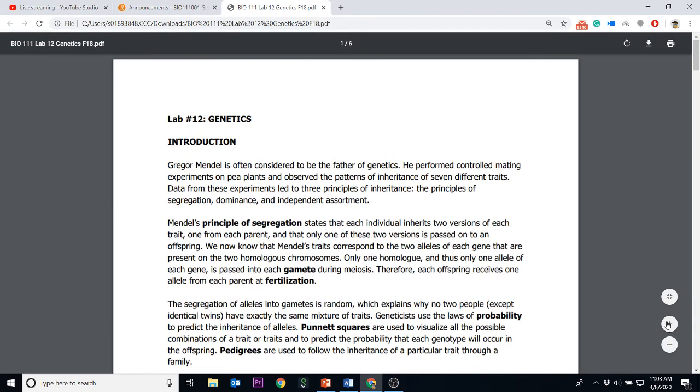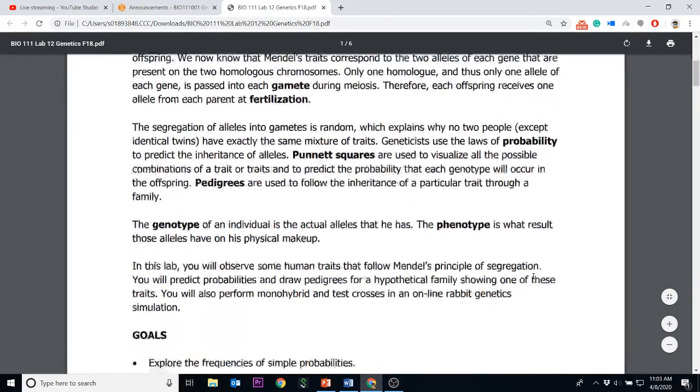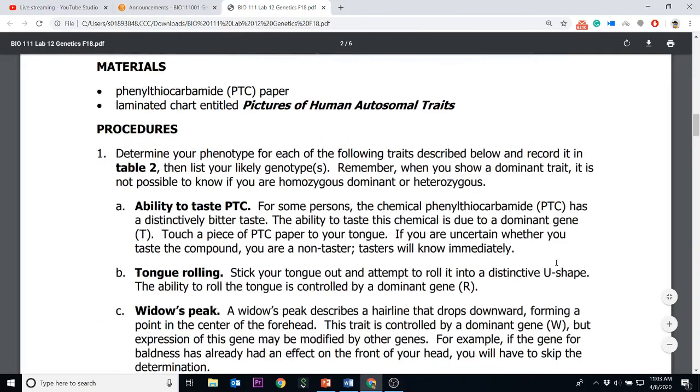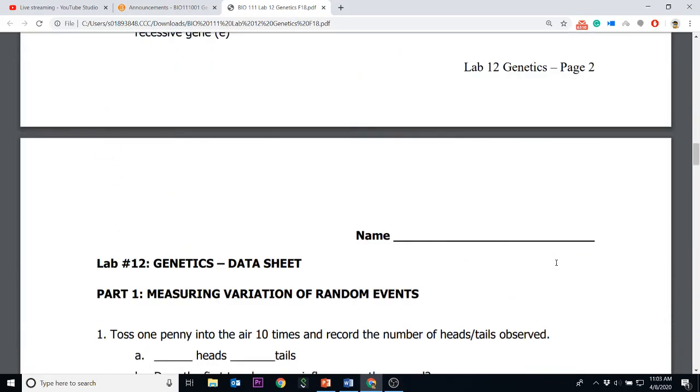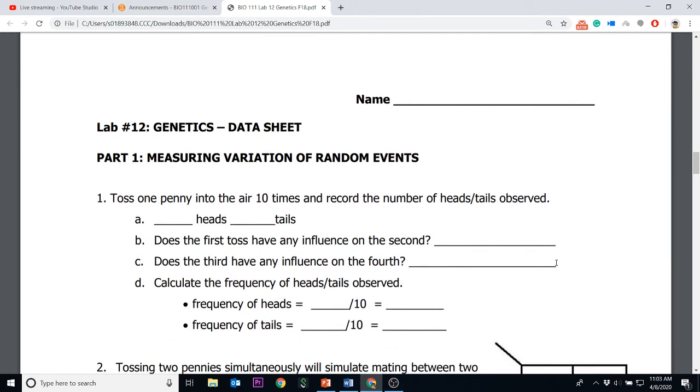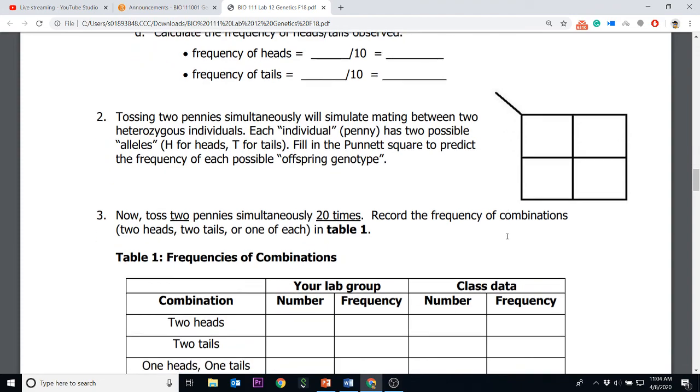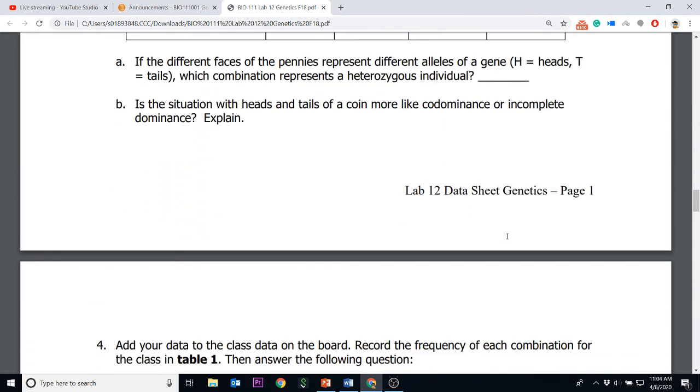So today we do lab 12, which is genetics. And for today, I think we're only going to do, yep, Heath, right on. If you read the instruction, it tells you which one that is. I think we do part 1. Let's see, part 1.